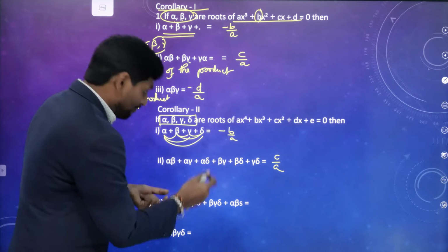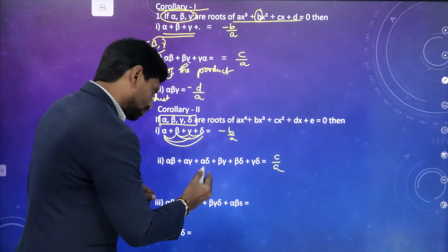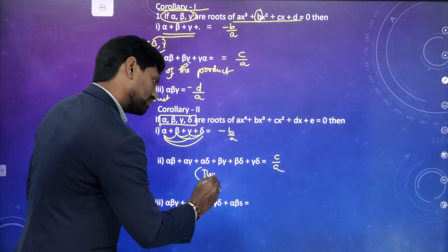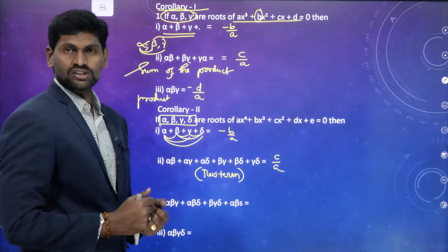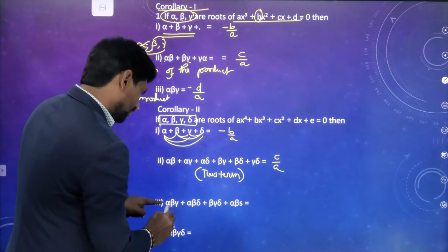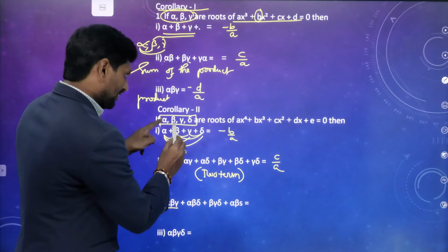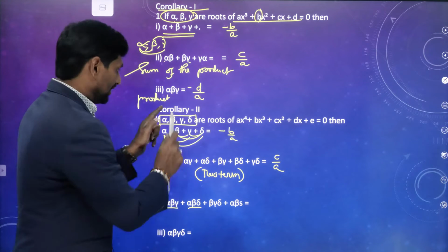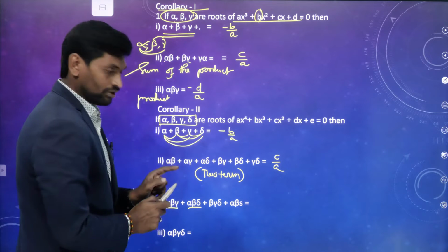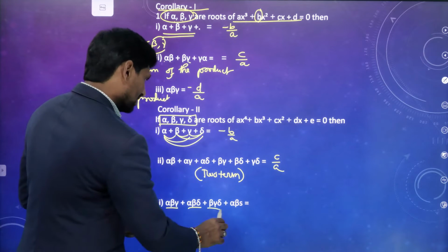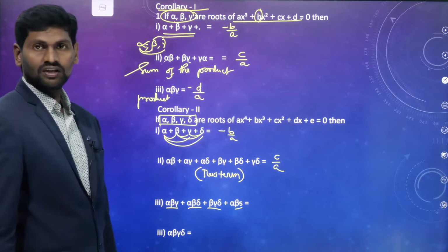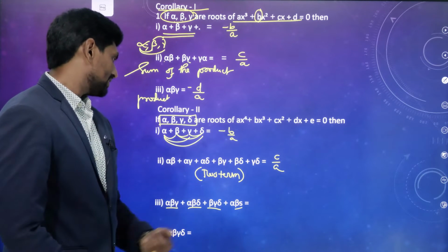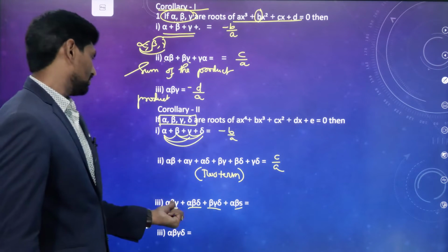Now again the sum of the product of roots. Here we have taken 2 terms at a time. Among the 4 roots we can also take 3 at a time: alpha, beta, gamma first, next alpha, beta, delta, leaving gamma, then beta, gamma, delta, and alpha, gamma, delta.